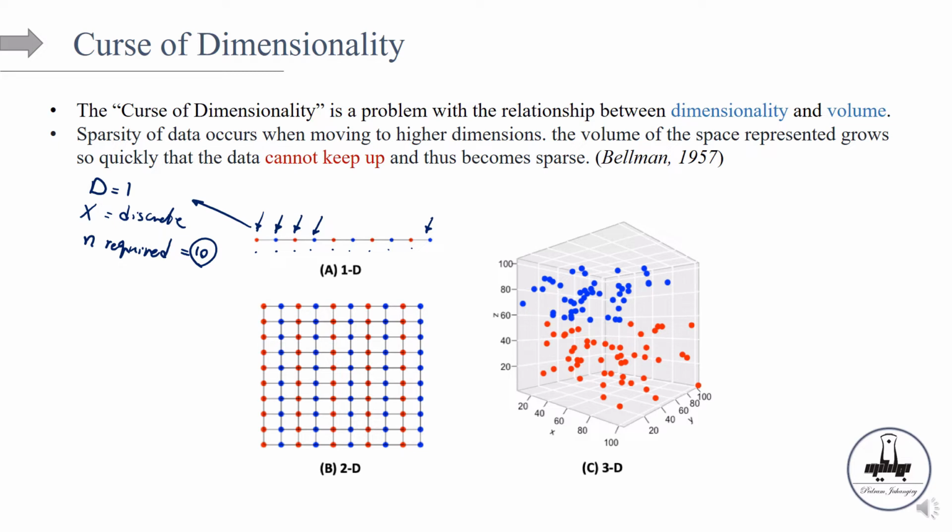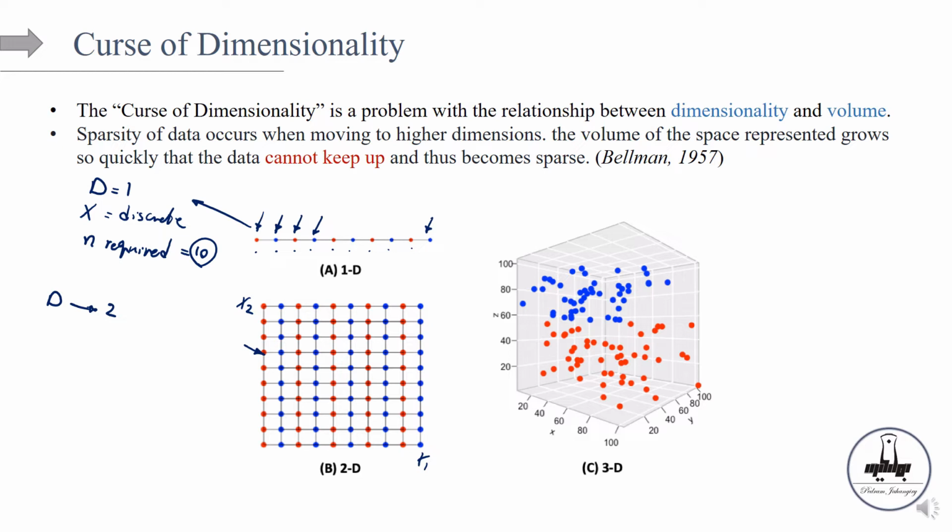So as we go from 1 dimension to 2 dimensions, let's say here we have x1 and x2. As dimension goes from 1 to 2, how many points do I need to span the entire feature space here? Again, just for the sake of argument, assume that both x1 and x2 are discrete and they can take 10 numbers.